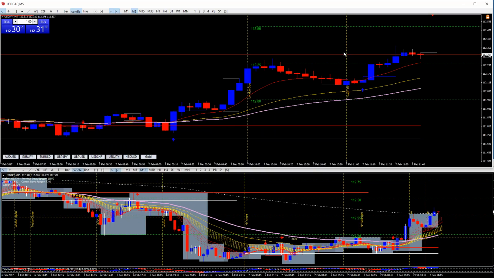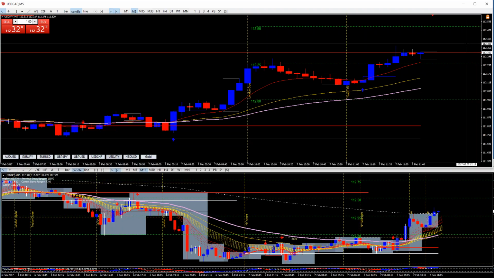And on a higher time frame, the 1 hour, we've got a significant pullback, and we're coming into a huge resistance at the 1238.5 level, which is right here.